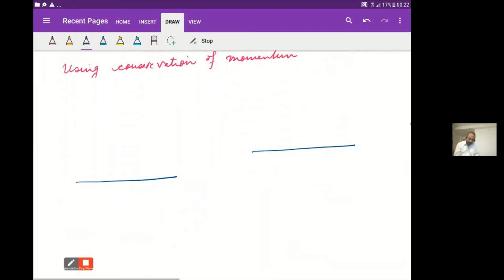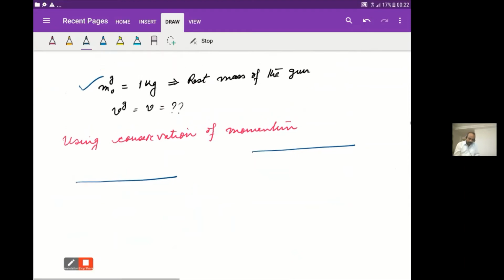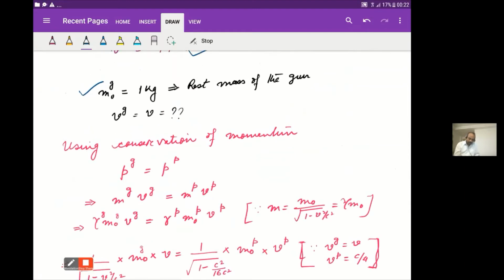So using conservation of momentum, we can write Pg is equal to Pp. That is, momentum of gun is equal to momentum of the particle, relativistic momentum. The momentum is given by mv. So for gun, we can write mg times vg.